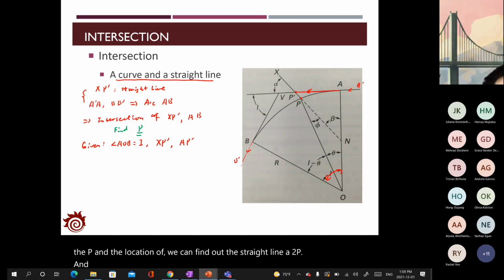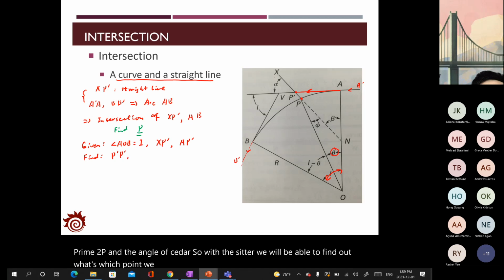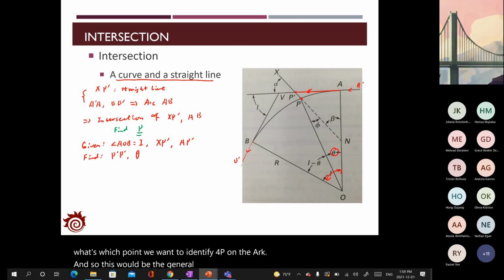And we want to find the distance, and also the direction of the line P prime to P, and the angle theta. With theta, we will be able to identify which point we want for P on the arc A to B. So these would be the general assumptions we're going to provide to find the intersection.